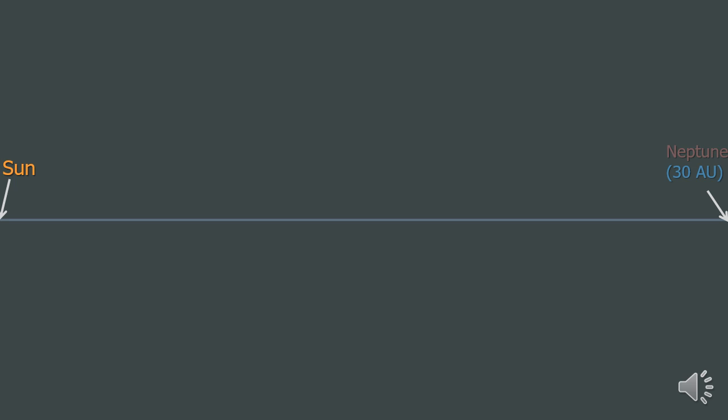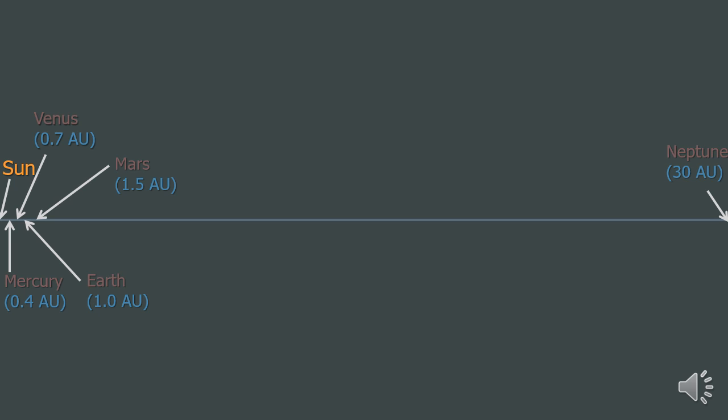To start with Mercury, this is the closest planet and it's 0.4 astronomical units from the Sun. Next we have Venus, which is 0.7. Then our home planet, Earth, which is exactly 1 astronomical unit from the Sun. Then Mars, the final of the terrestrial planets, is 1.5.